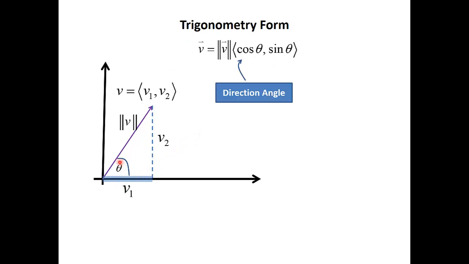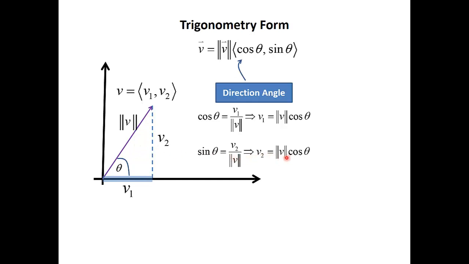Now notice that cosine of theta is adjacent over hypotenuse, which is v1 over the magnitude of v. And if I multiply both sides by the magnitude of v, I get this right here. See? Now I could do the same thing for the sine. I say, well, sine is v2 over the magnitude.